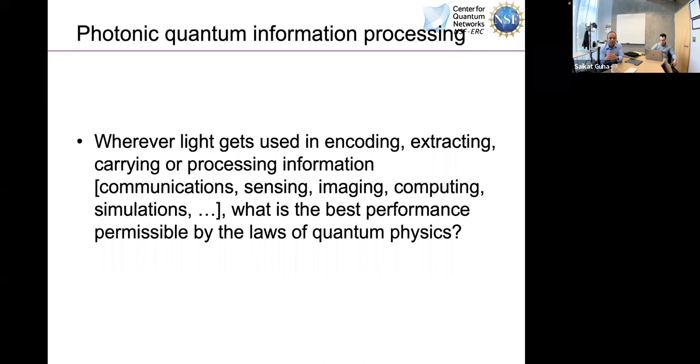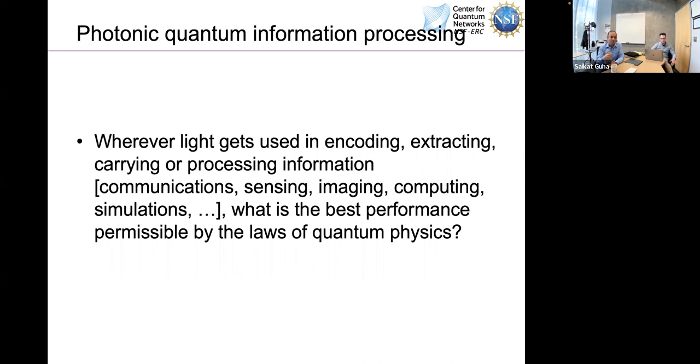And when I say best possible performance, in the context of communications, it could be asking the question, what is the best rate at which you can send information? Or what's the minimum probability of error with which you can tell apart a few code words that are modulated in laser light pulses? In the context of sensing, a best performance could be what is the best resolution with which you can resolve the angular separation between two stars you're looking at in an astronomical setting?